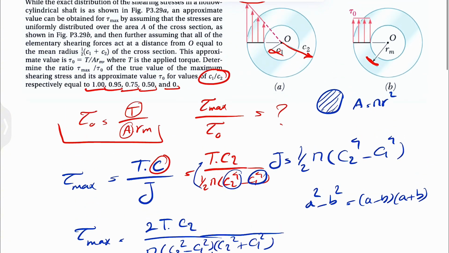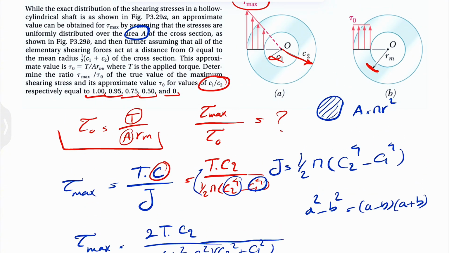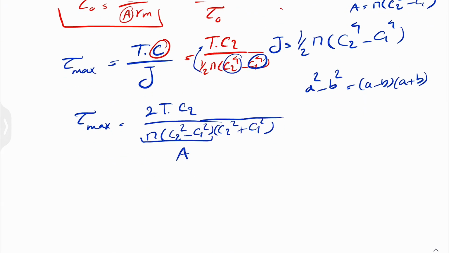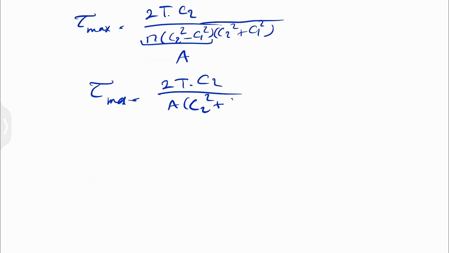The question is telling us that the area of the cross section is A, and because we have a hollow shaft, it's going to be pi times C2 squared minus C1 squared. So that's going to be A. Our maximum shearing stress would be 2T times C2 over A times C2 squared plus C1 squared.